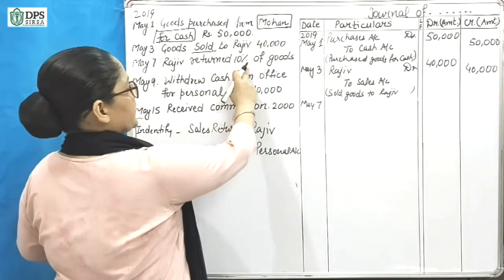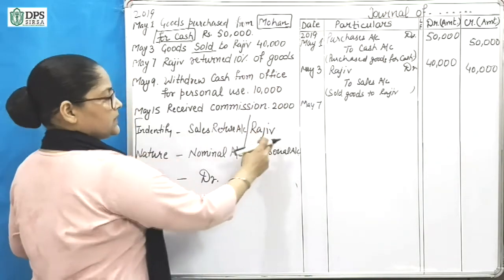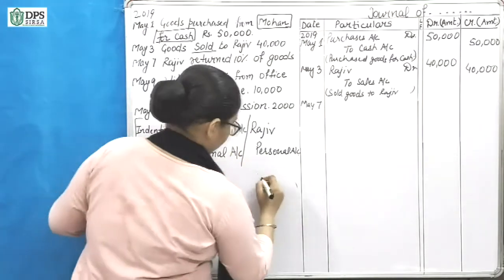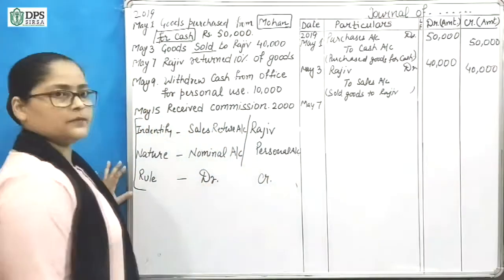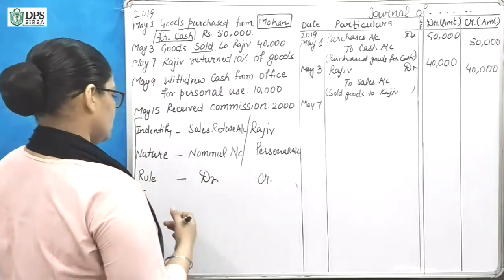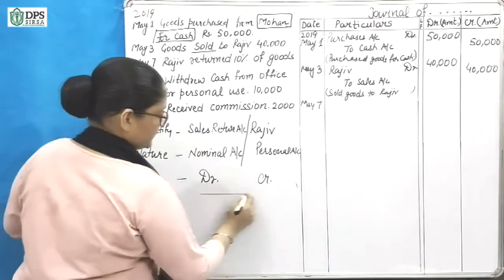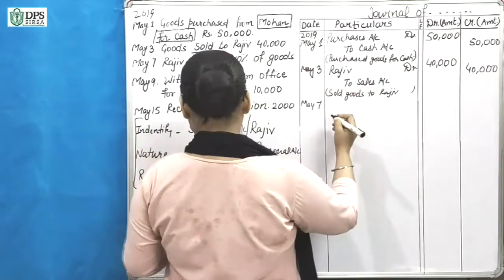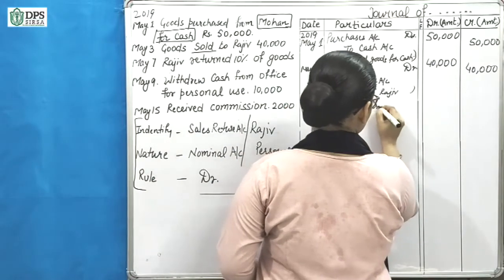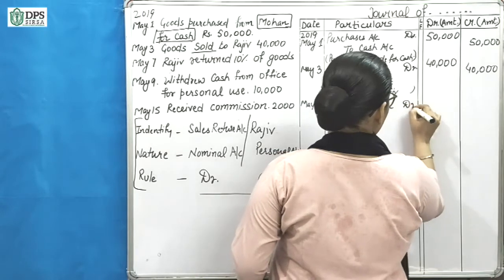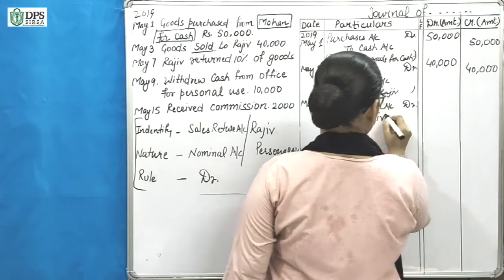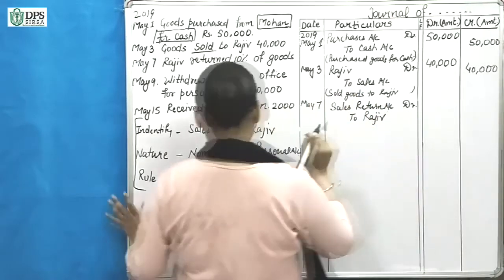Sorry, Rajiv here is returning us goods because we are selling. So he will be credited because he is the giver. Now he is giving us back the goods. So the entry over here is: sales return debit, and to Rajiv. So we will write here the amount.